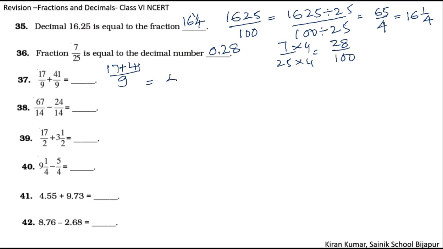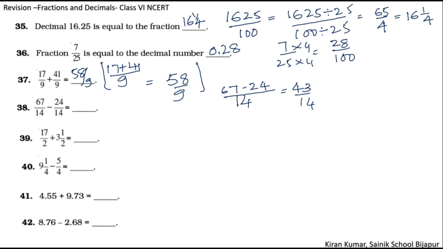We get 58 upon 9. So answer is 58 by 9. In the next one, we need to subtract. So 14 will be the LCM. 67 minus 24 will become 43 by 14. So the right answer is 43 by 14.